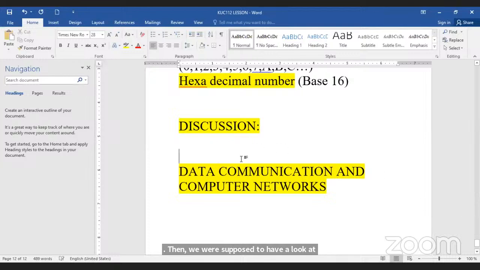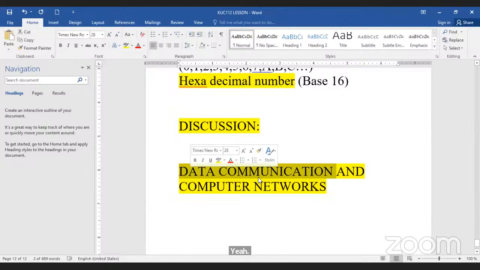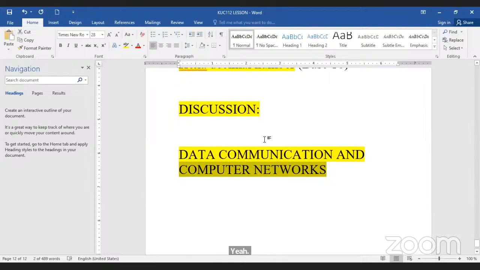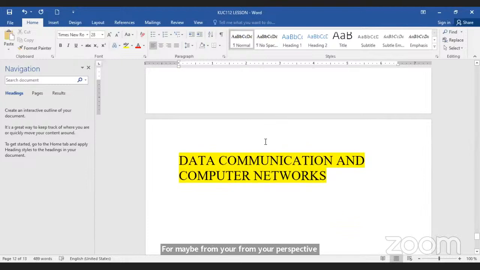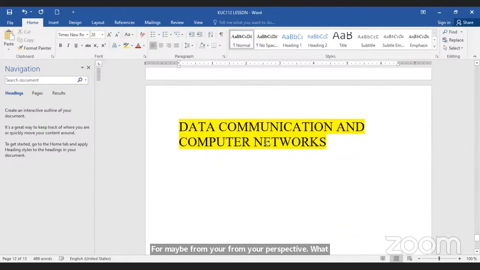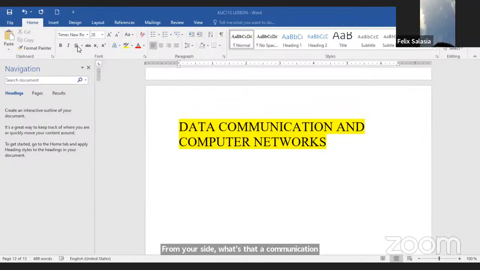So from your perspective, what is data communication and what is a computer network? A network is an interconnection of computers that can communicate. That is a computer network.